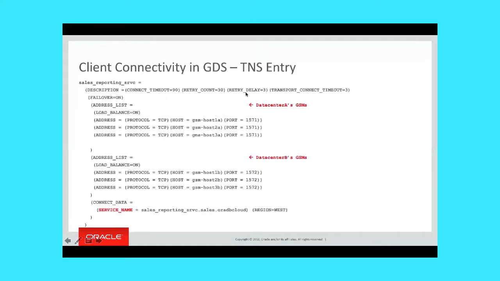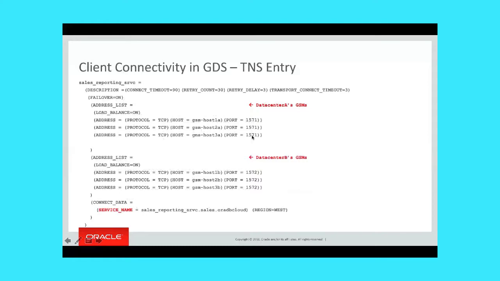All these things are not new concepts, but we just want to retain them for GSMs also, right? Because those are listeners. And then I'll specify 2 buckets. One address list for region A, the other address list for region B. And I would list each of the GSMs in that region and each of the GSMs in the second region as well, and the specified ports.